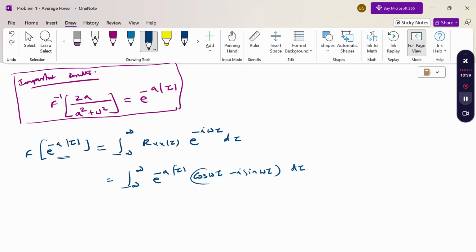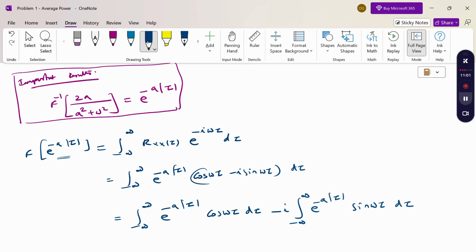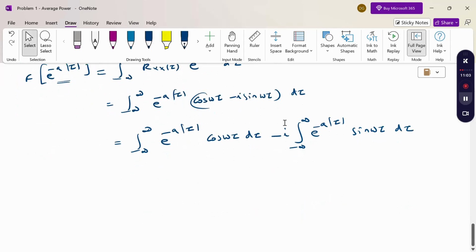Now, as already mentioned, for the full range we check using odd function and even function. Therefore, the integral from minus infinity to plus infinity of e power minus a modulus of tau cos omega tau d tau, minus i times the integral from minus infinity to plus infinity of e power minus a modulus of tau sin omega tau d tau. Generally we cannot treat the e power term as odd or even, but with the modulus of tau it is an even function.